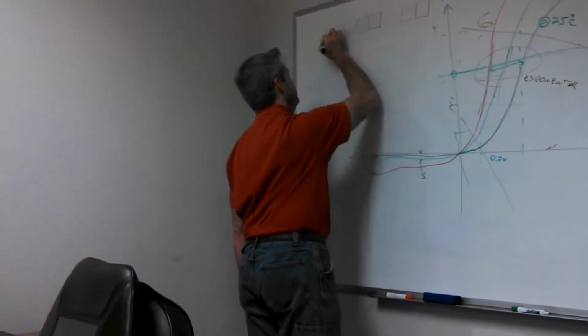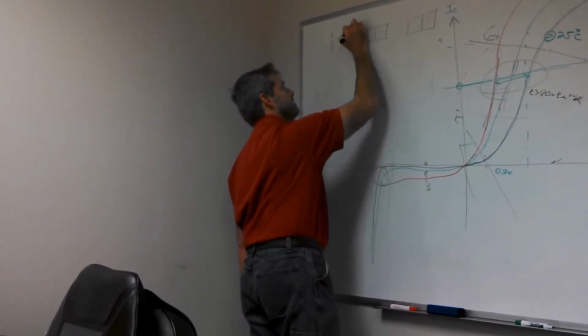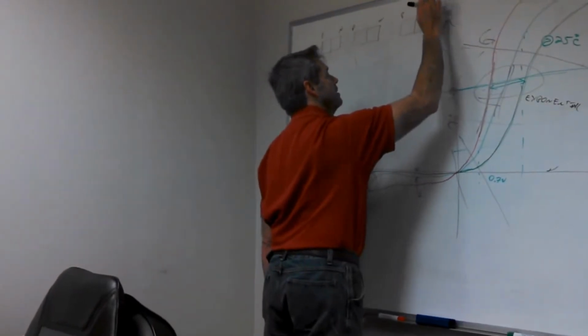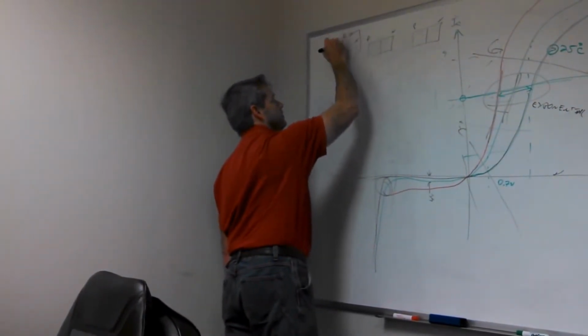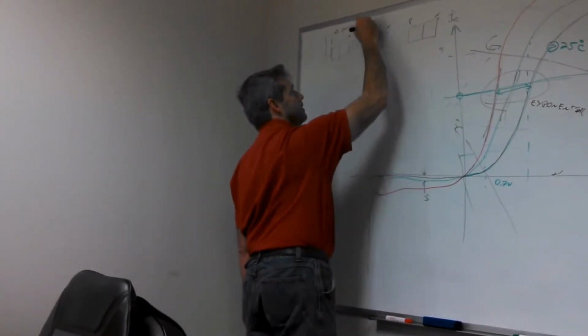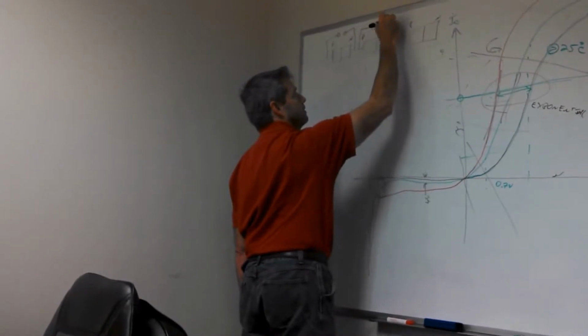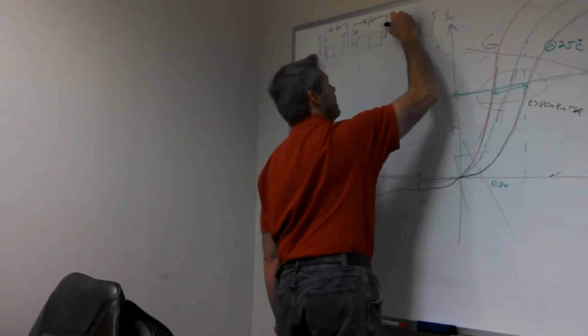It's the exact same diode. This is a piece of P, N, P, N, P, N. And here we have no voltage applied. Here we have him forward biased, positive, negative. And here we have him reverse biased.